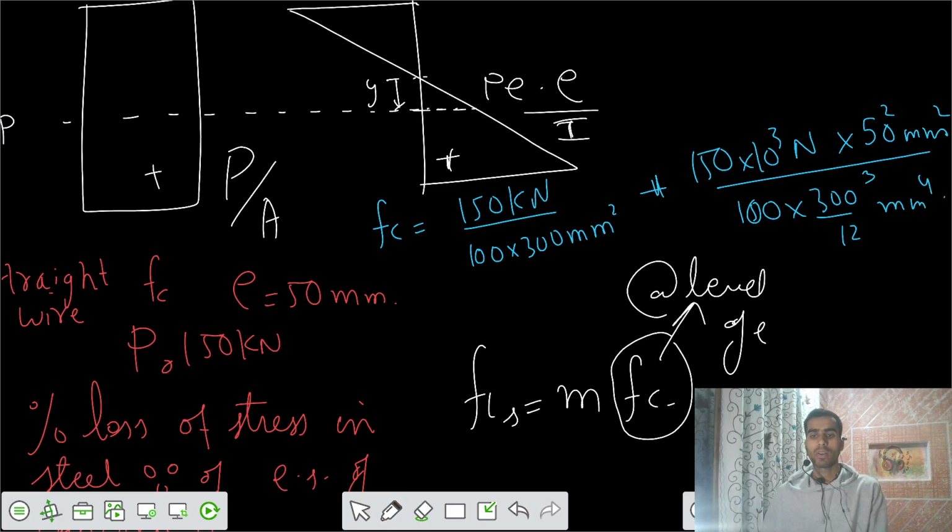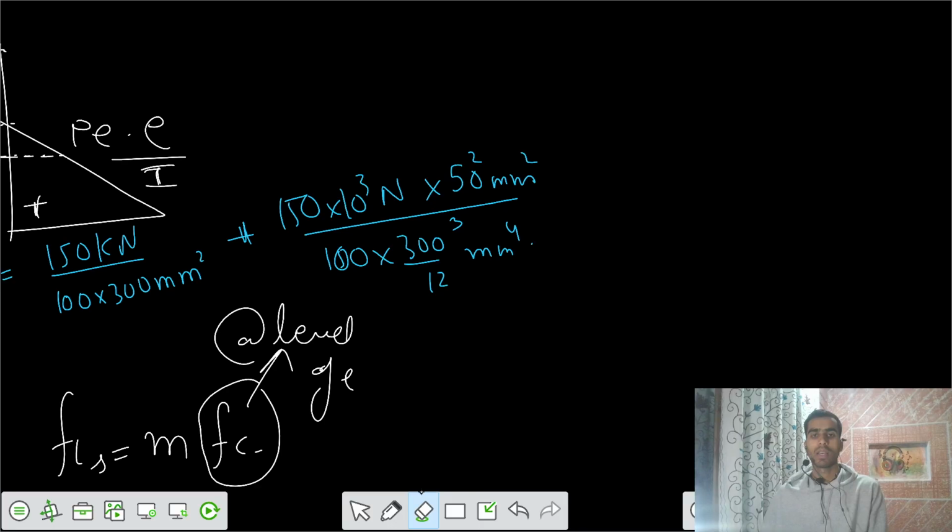So your stress in the concrete at the level of steel wires is FC equals 6.66 megapascal.